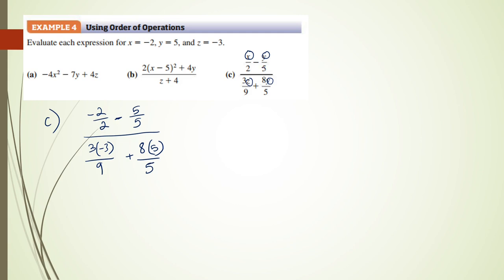So replace all of these letters with the numbers and we'll simplify. I always like to start with the top first. Negative 2 over 2, that's just negative 1. Negative 5 over 5, that's just negative 1.